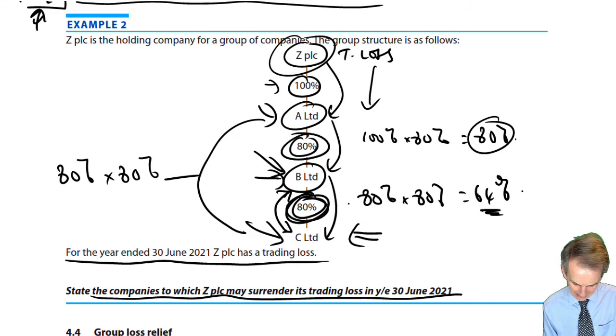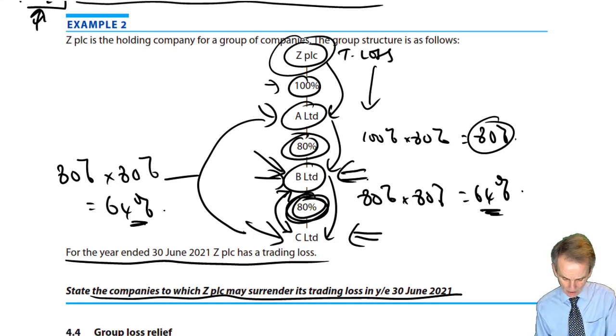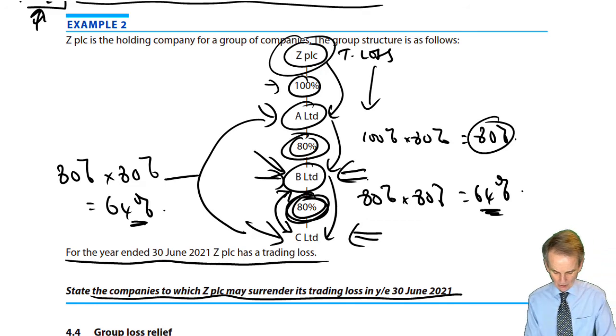There's 80, there's 80, equaling 64%. And that means that no, C Limited is not able to group relieve with any other company within the Z PLC group other than its own immediate 80% parent, B Limited. So we could define there are different groups for purposes of group relief within your group structure.